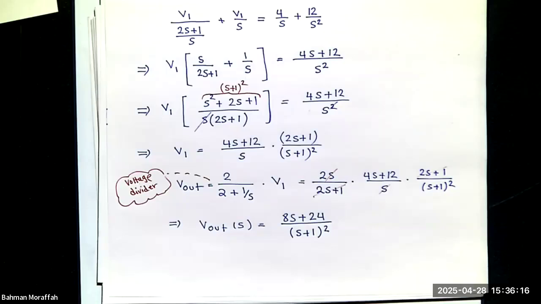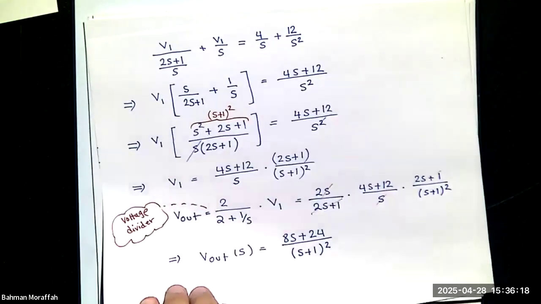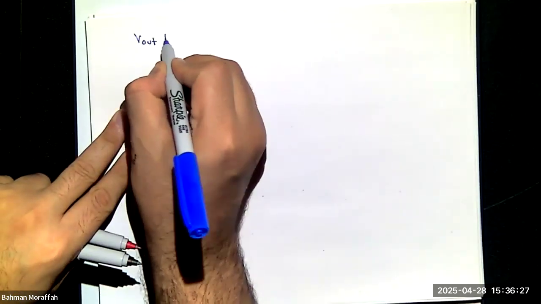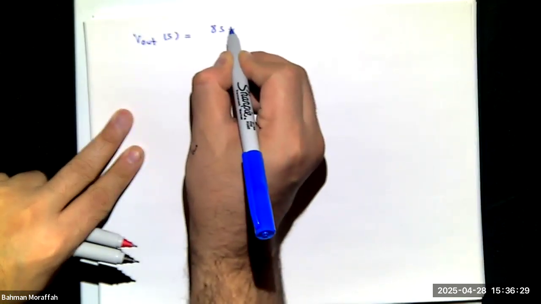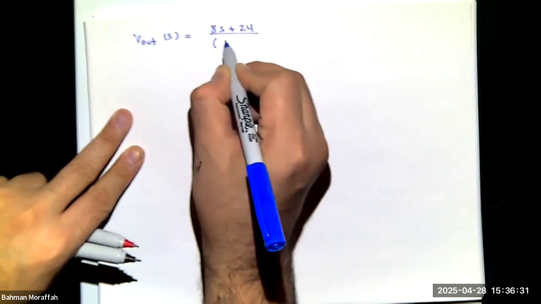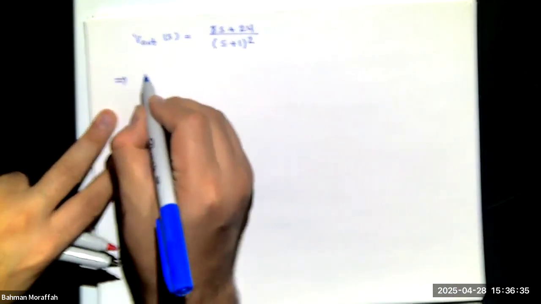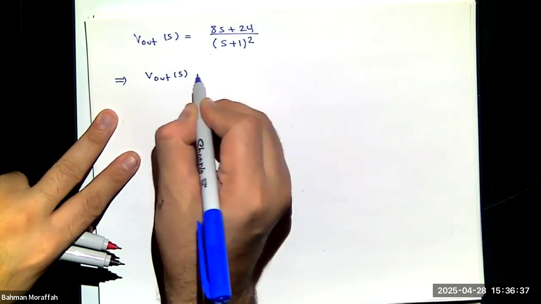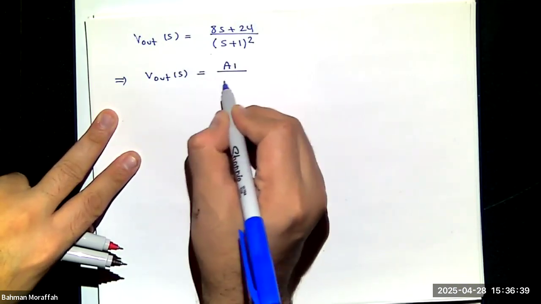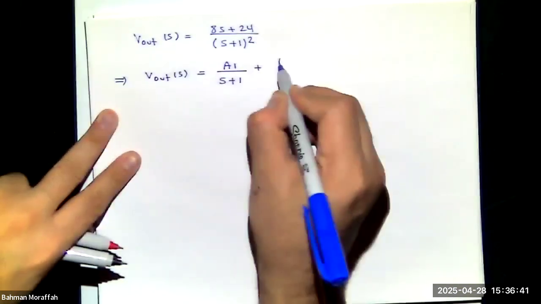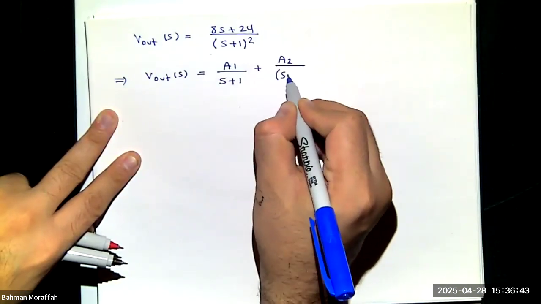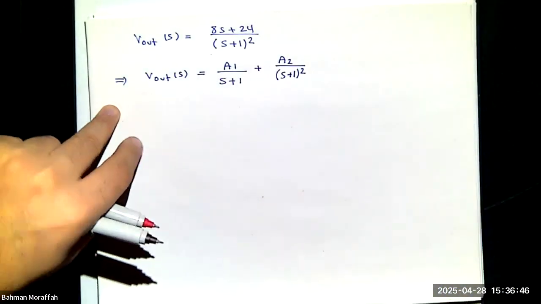So if I have V out of S as (8S plus 24) divided by (S plus 1) squared, I know I can write V out of S as some constant A1 divided by (S plus 1) plus some other constant A2 divided by (S plus 1) squared.